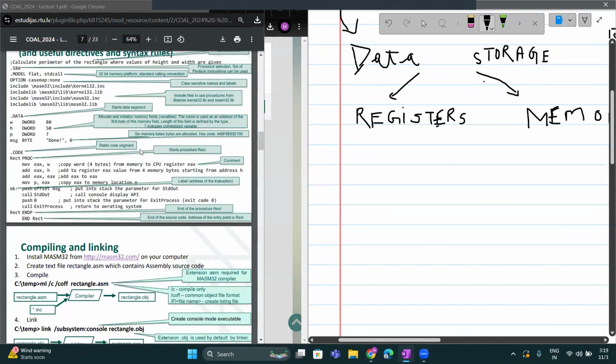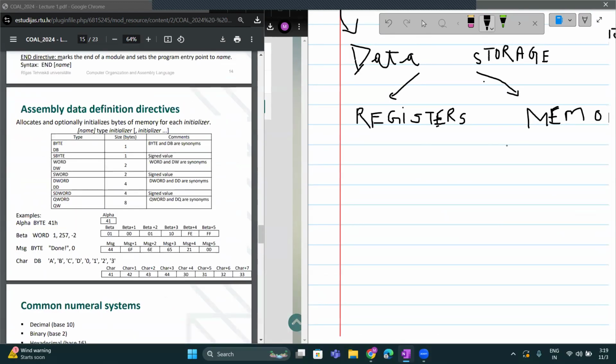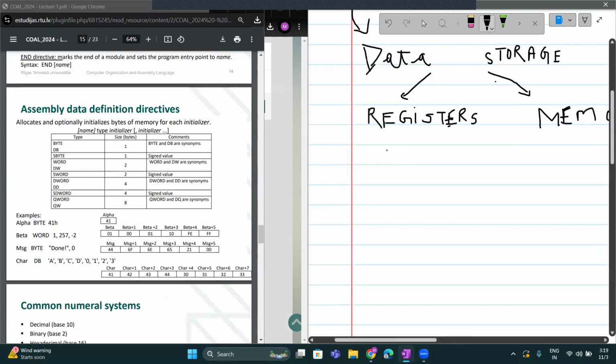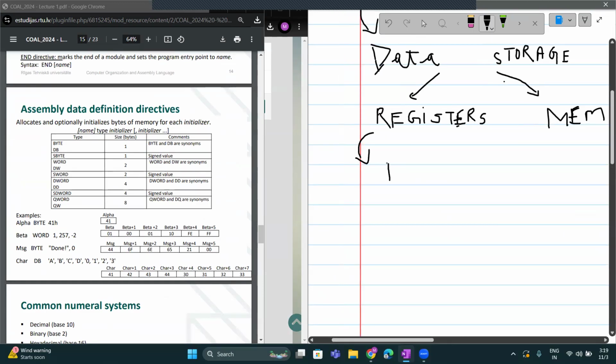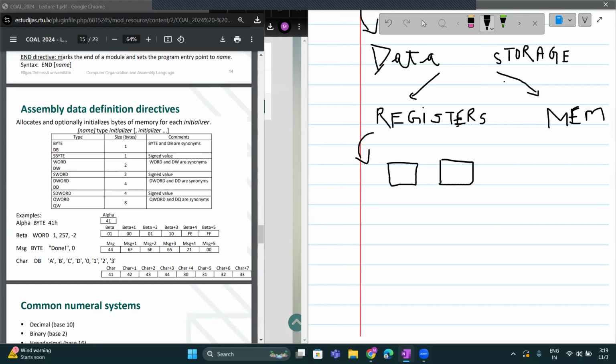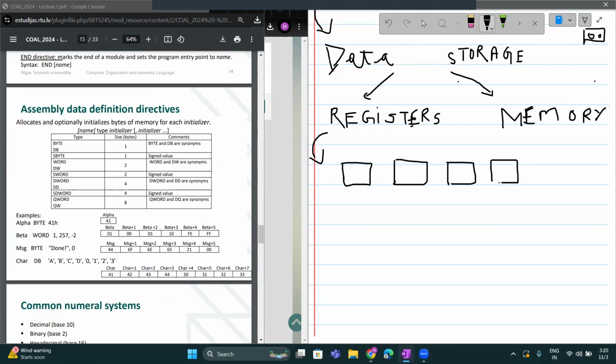So for instance, here we learn about the types of registers. In registers, the data is stored as we talked about, like this, first of all in bits, but we represent it in bytes, like this.